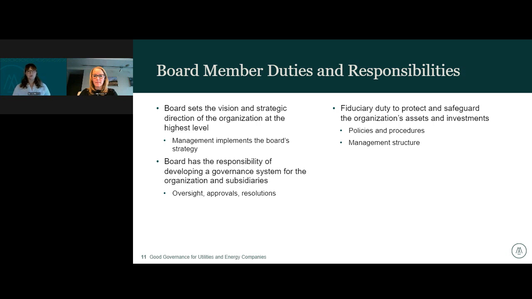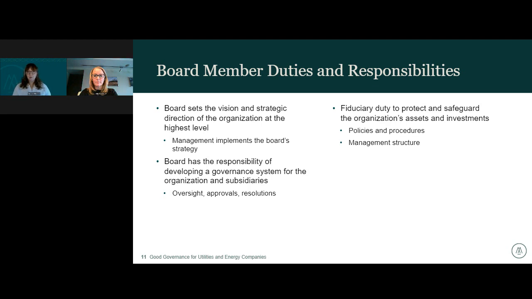The board also has responsibility for governance of not just the organization, but any subsidiaries, partnerships, things like that. So really thinking about how we are reporting up for subsidiary companies. How do we have representation for any partnerships and things like that? And what does the board need to approve at this level versus what's really management's responsibility?